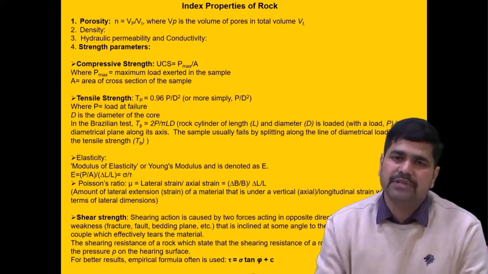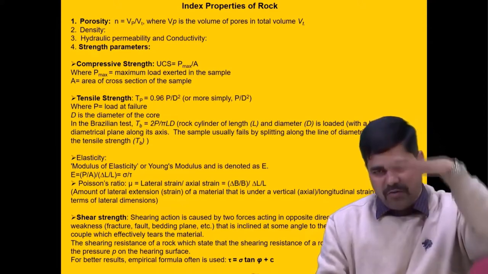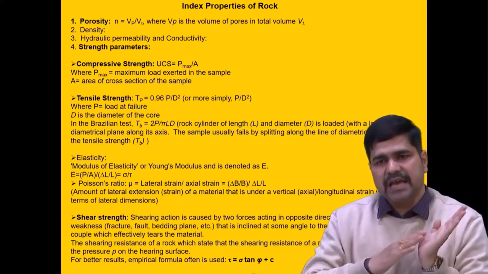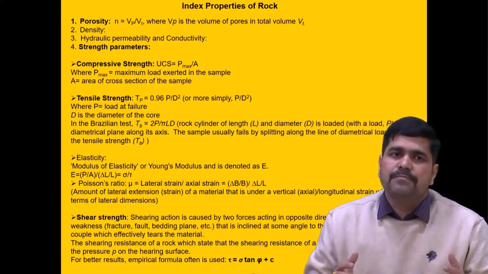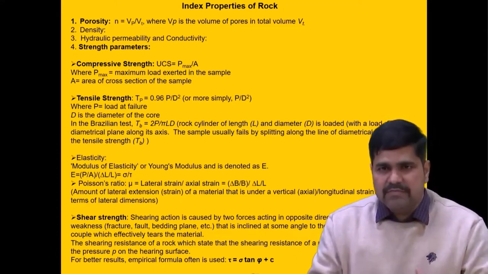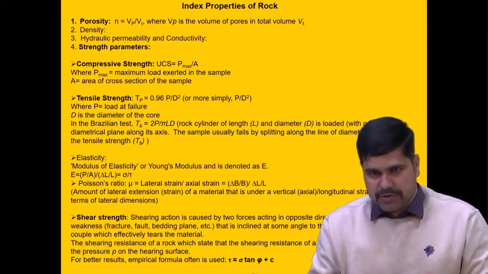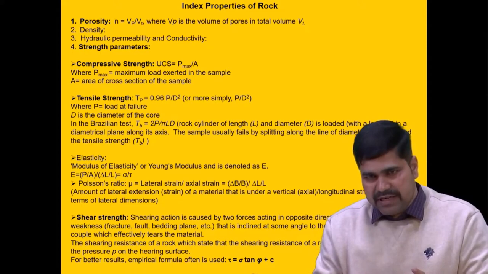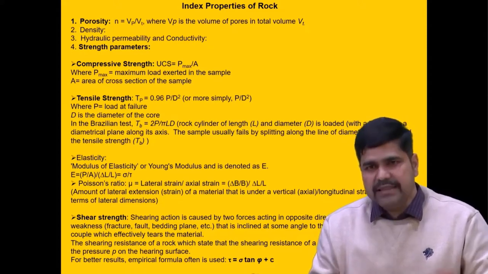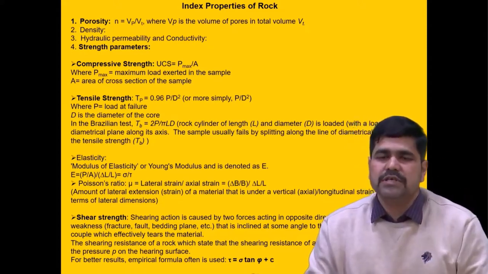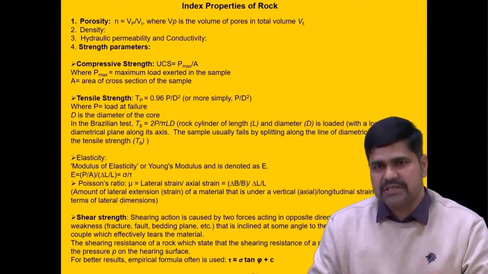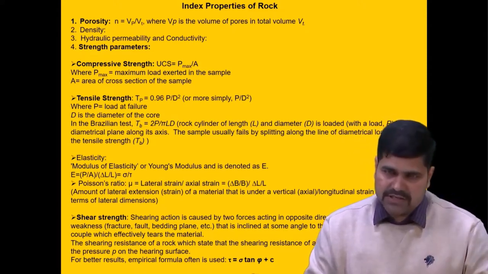So accordingly we have 3 different stresses: normal stress, tensile stress and shear stress. The rock from within fights against these stresses. Nobody wants to fail. So if the rock has to fail, its competency has to be superseded by the applied forces. The forces are basically compressive stresses, tensile stresses or shear stresses.